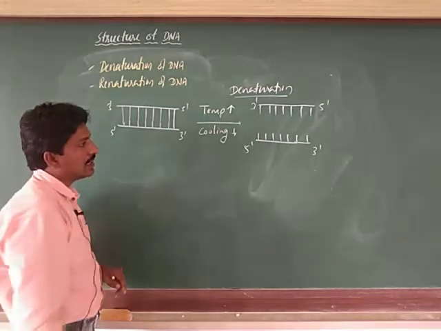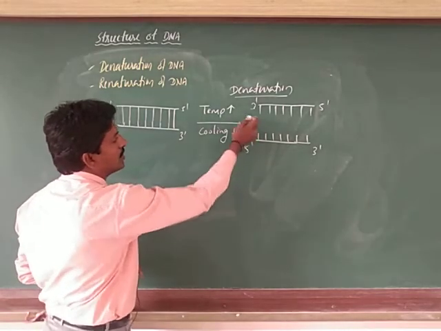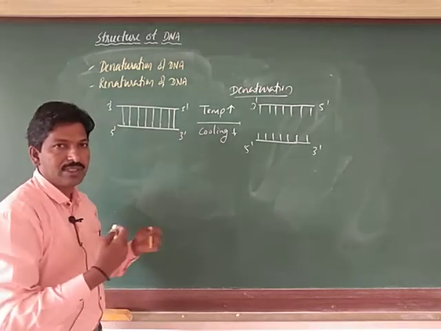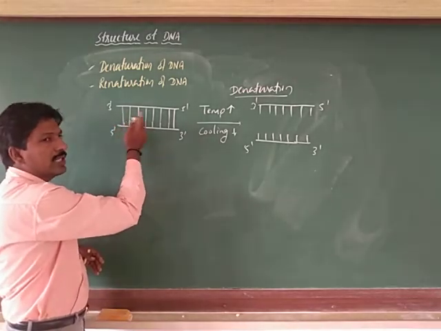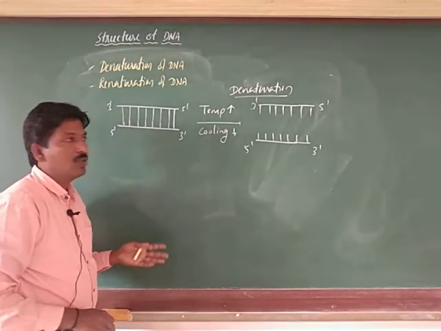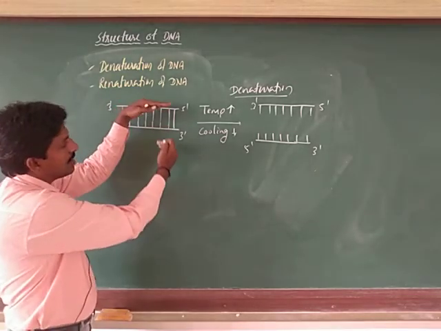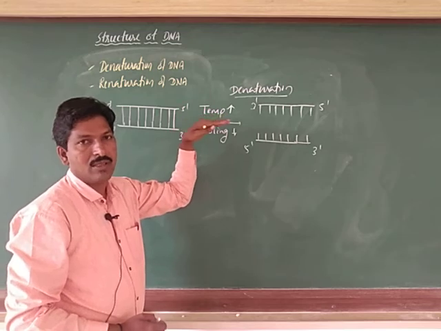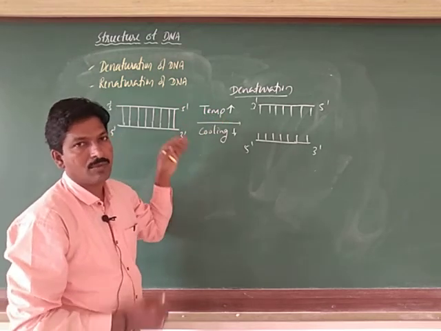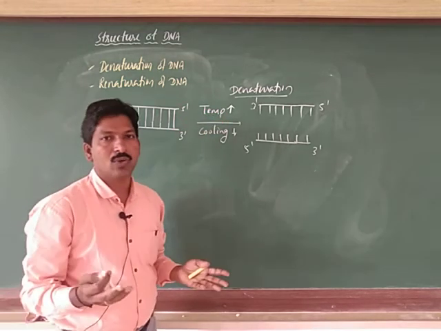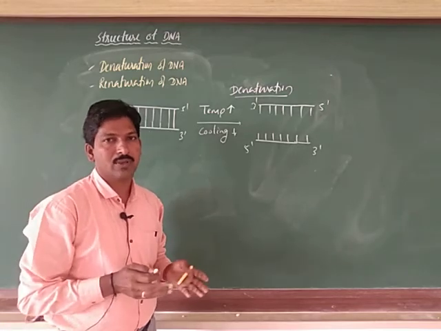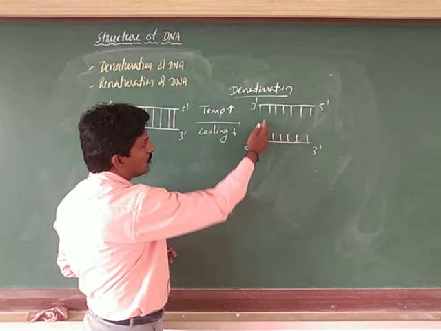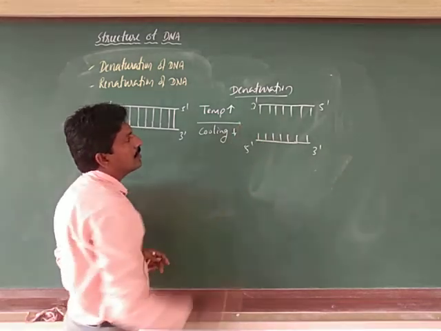When we decrease the temperature, hydrogen bonds are there, no, in between the nucleotides, nitrogen bases. So hydrogen bonds, double bonds and triple bonds are there, as you know. So these two strands get separated when temperature is increased. A prescribed temperature is required for breaking these hydrogen bonds. As you know, hydrogen bonds are weak bonds, so by temperature they can break. So two strands are formed, that is called denaturation.